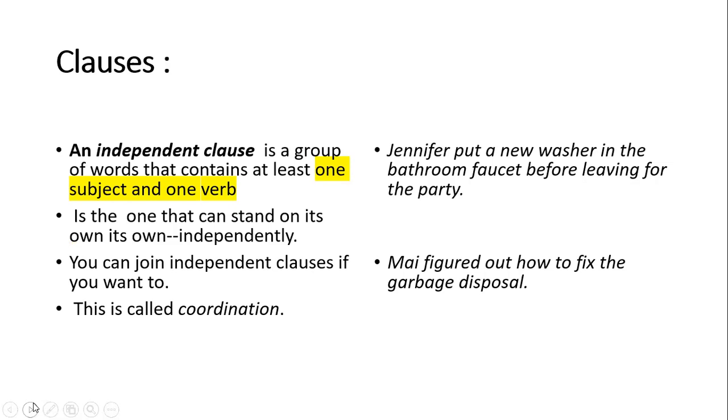We can join two independent clauses, but there is an important rule. You can't just put two independent clauses together, or it becomes a run-on error. Now, what is an independent clause? A complete sentence. Let's say there are two ideas: I like apple, I eat apple. So I have to put these two meaningful sentences together.